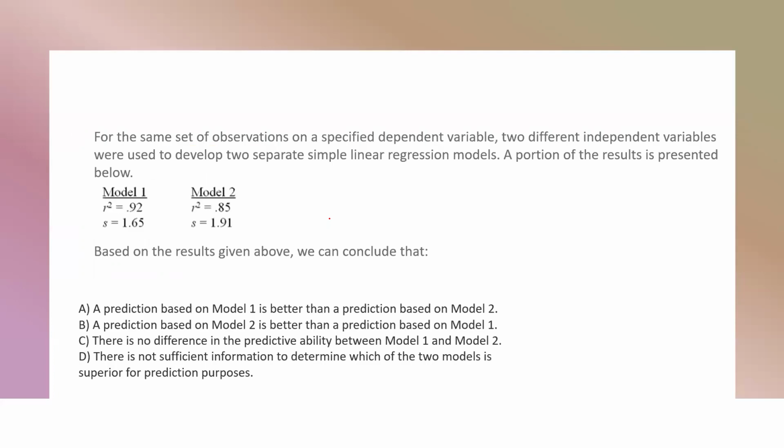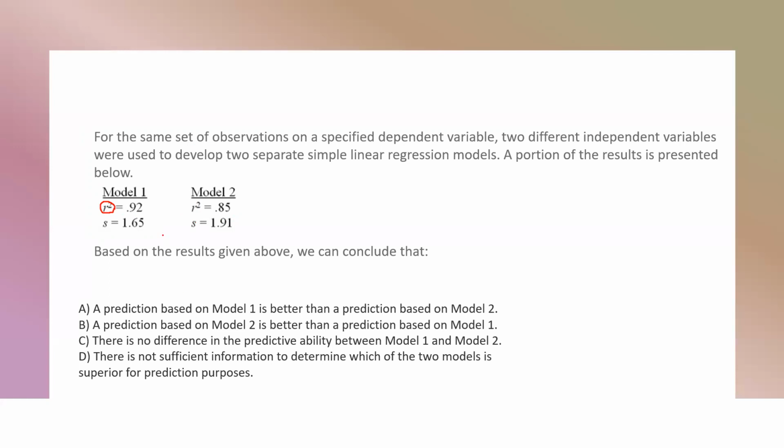For the same set of observations on a specific dependent variable, two different independent variables were used to develop two separate simple linear regression models, and these are the results. Based on the results, tell us what you understand. So remember, when we are doing the ANOVA test or regression analysis, we are checking the R square, and if this R square is closer to 1, that means that model is better, or we should rely on that model more than the other one, right?